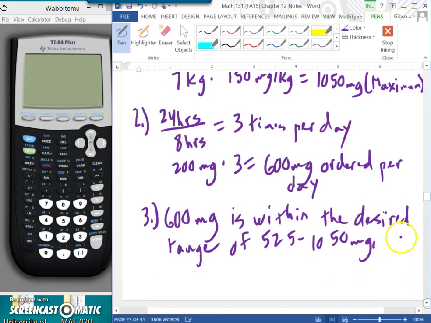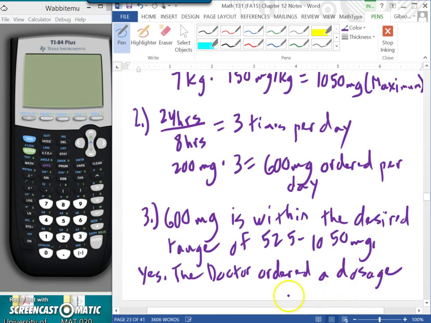This solves the problem, but we also have to answer the question. And the answer is yes, the doctor ordered a dosage within the desired range.